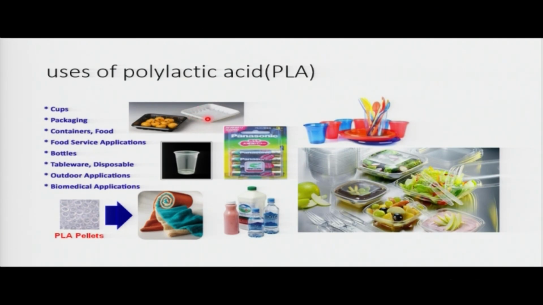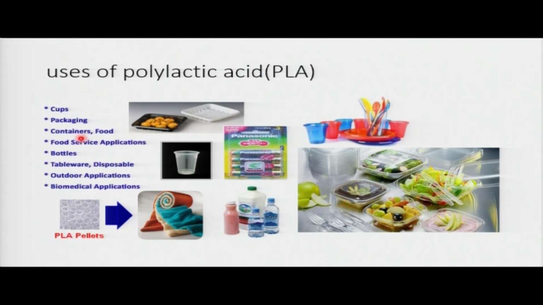These packaging materials, which are used to pack apples. You can even see in our pictures here, to pack different fruits. You see these different cups where we put our juices. These are all disposable plastics. And the beauty about it is that they are biodegradable.